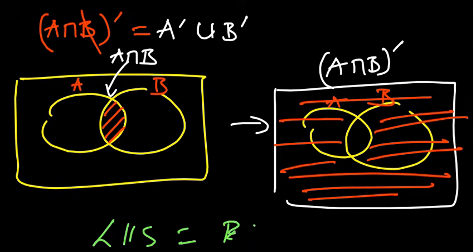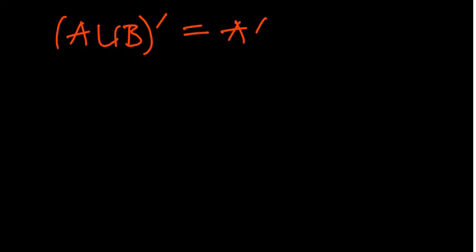And that has introduced us to the idea of shading sets. So your last exercise is that I want you to prove the other De Morgan's law, which is A union B complement is equal to A complement intersection B complement. Prove by shading. That is your exercise.